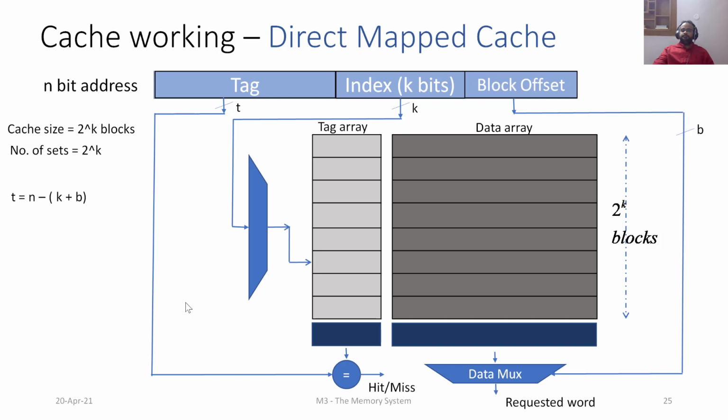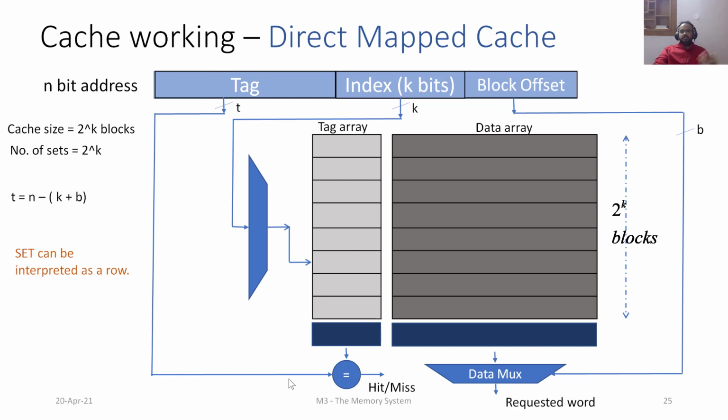So this is how a typical direct mapped cache would work. Given an address, we split it into block offset, index, and tag. The index bits will be used to identify an entry in the tag array and data array. The entry in the tag array will be compared with the requested address tag. If there is a match, it is called a hit.